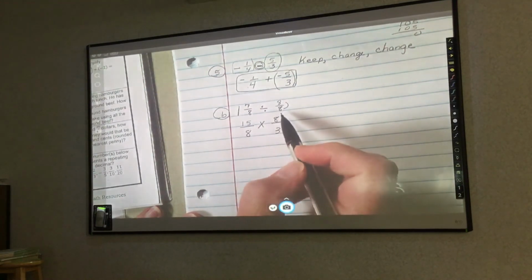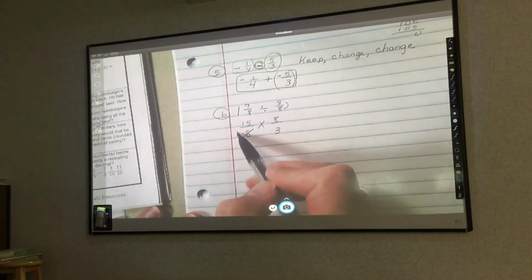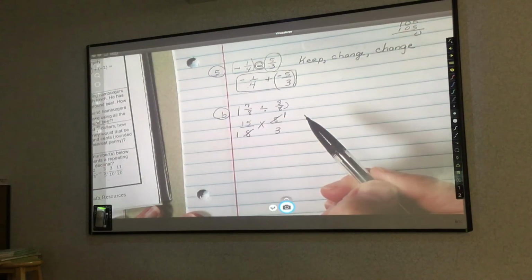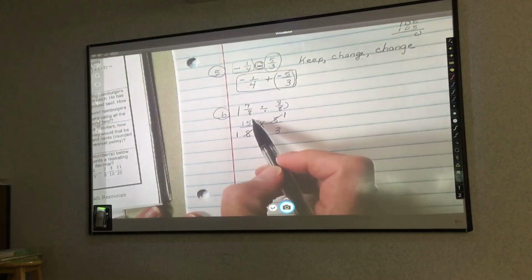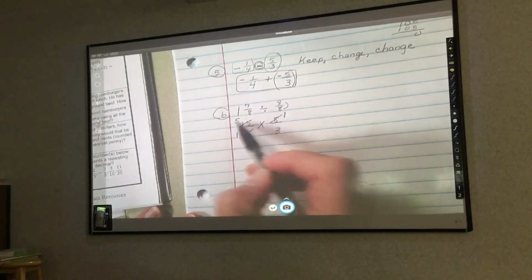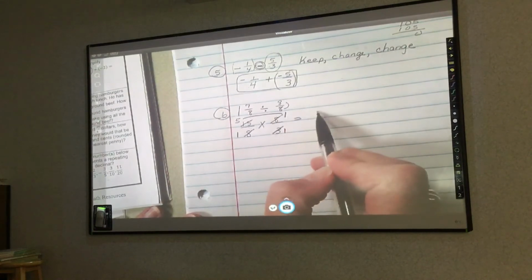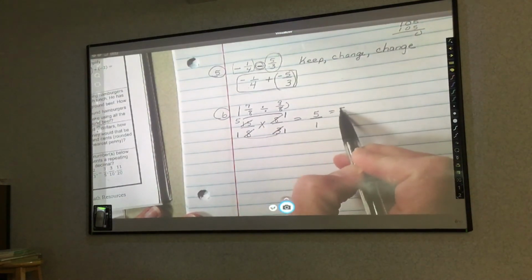So then I'm going to reduce going sideways by 8, this becomes a 1, this becomes a 1. Can I reduce again? Yeah, 15 and 3, dividing them by 3, the 15 becomes a 5, 3 becomes a 1. Now it's easy. So then 5 times 1 is 5, 1 times 1 is 1, so my final answer is just 5.